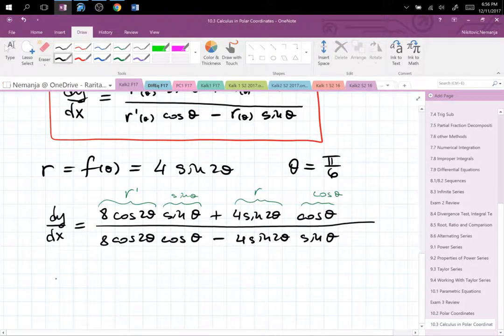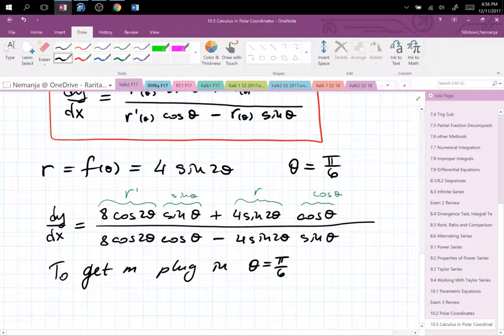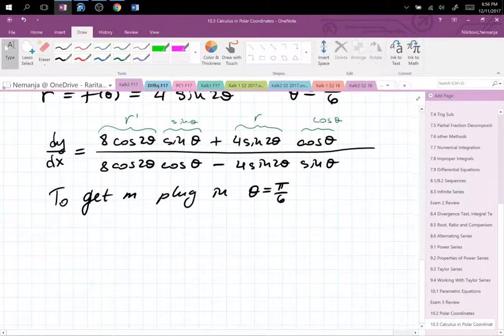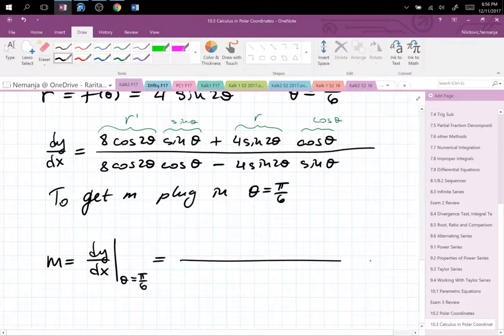So, to get m, plug in theta equals pi over 6. So what do I do? m equals dy/dx computed at theta equals pi over 6. Well, again, a long line.